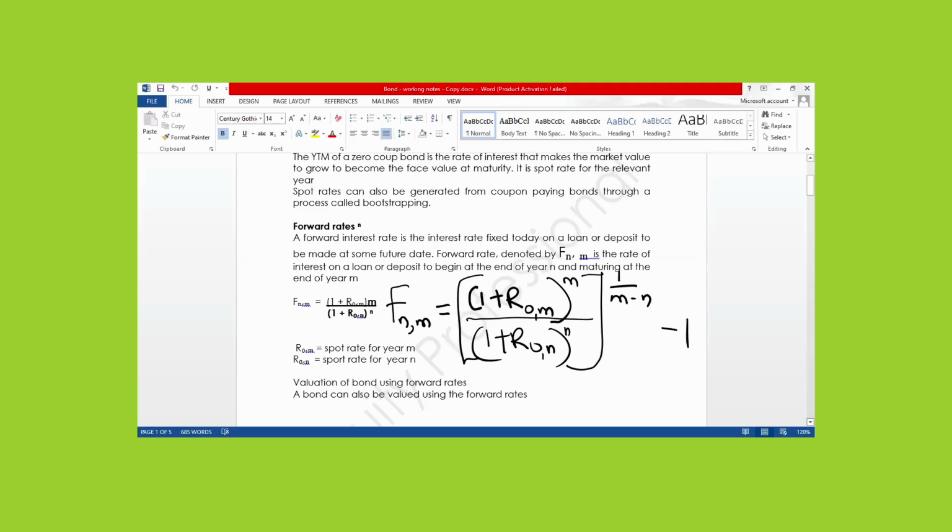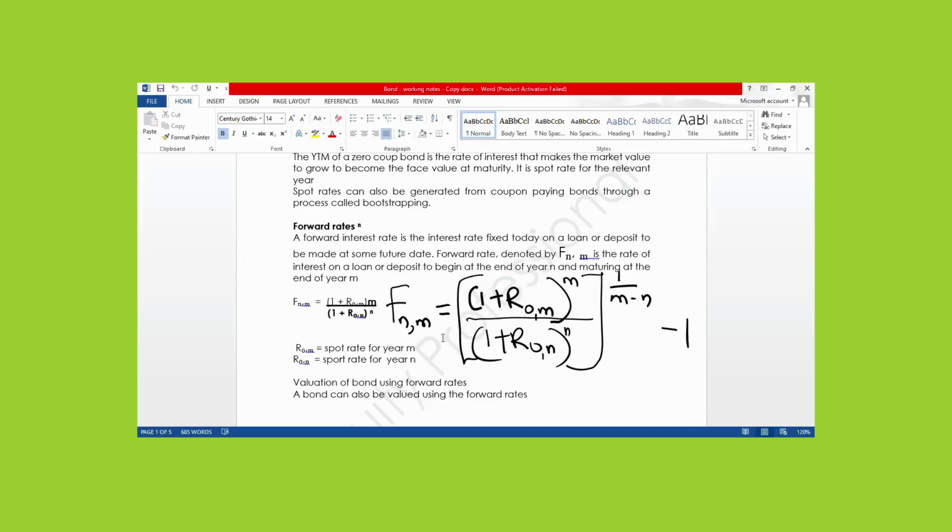If you are to calculate forward rates, look at the formula here. F subscript N, M is equal to a big bracket: (1 plus R_M) raised to power M, divided by (1 plus R_N) raised to power N. Close your brackets.